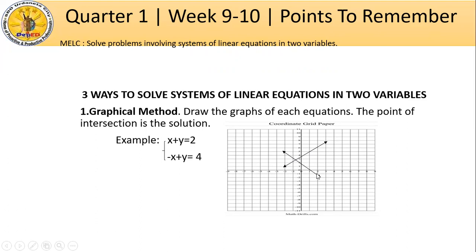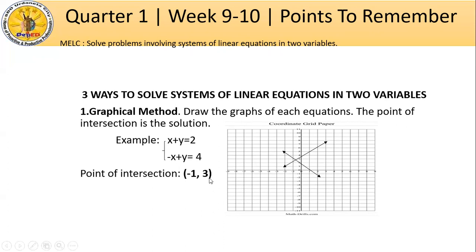On the second equation, negative x plus y equals 4, the y-intercept is 4 and the slope is +1. So the graph is this one. Looking at the graph, the point of intersection, which is our solution, is (-1, 3).